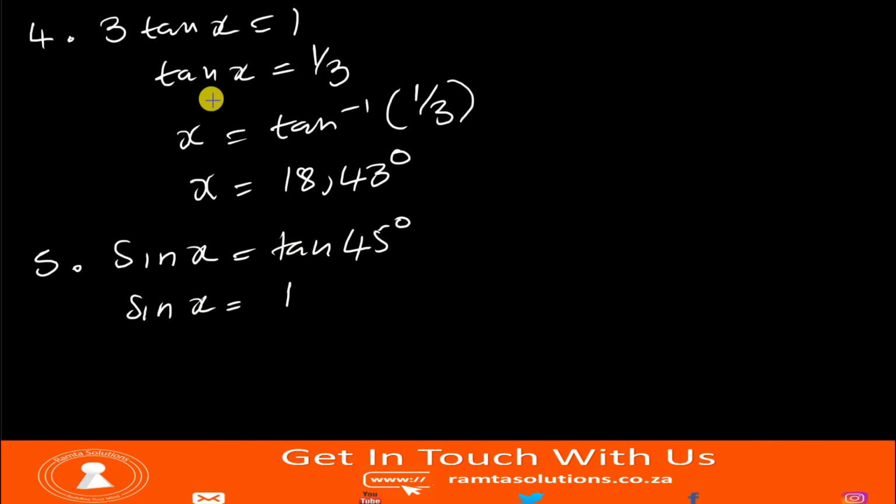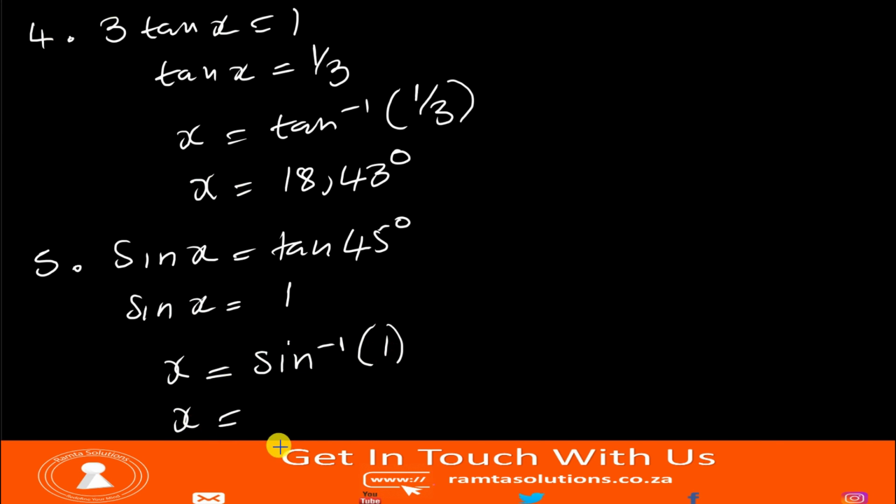Right? If you like, you can say, or maybe let me proceed here. Now we can solve for x. I'll show you what I wanted to do. You can say x equals sine inverse of 1.